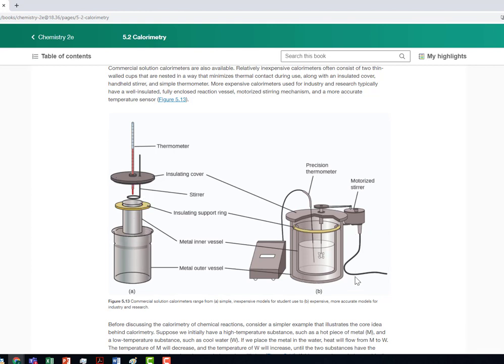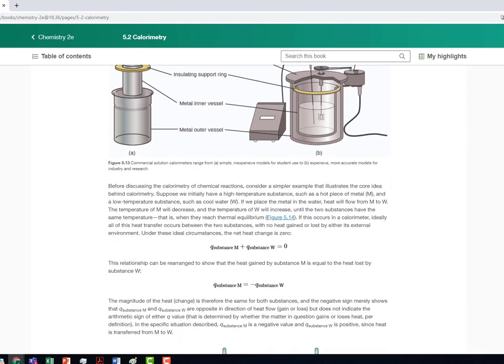Now this is a lot more expensive and more accurate, but it's also a little bit more time consuming in that you have to calibrate the whole thing, because this is not just a simple coffee cup. You have to calculate everything going on here. So it is a bit more involved. It would be more time consuming if we had one of those to use.